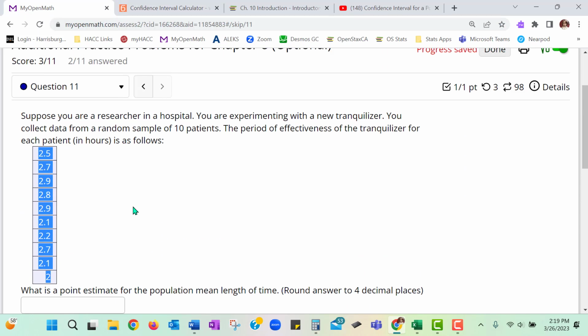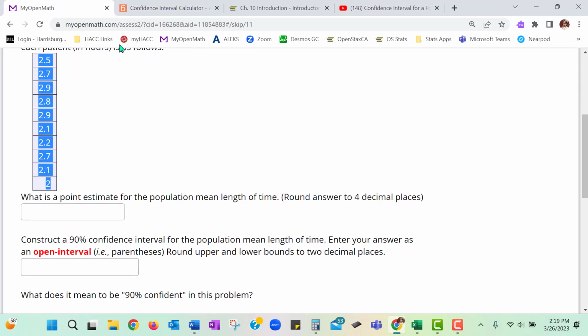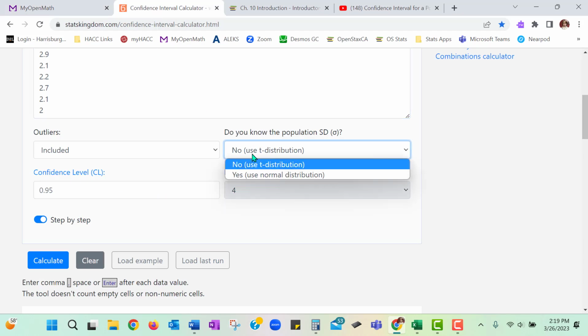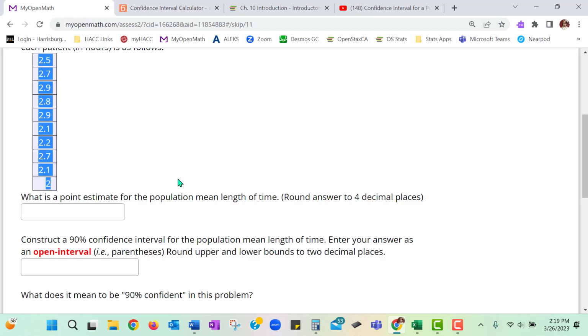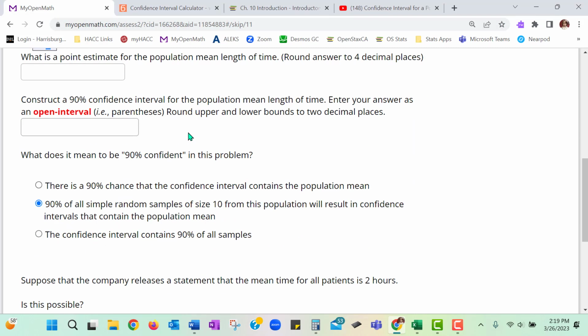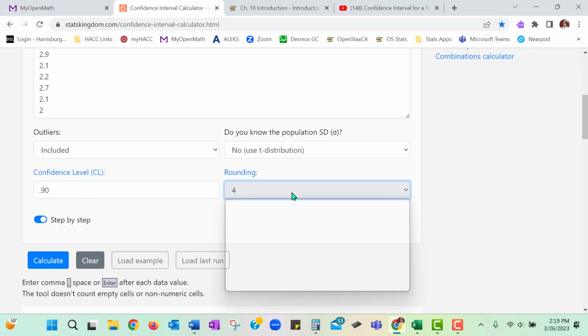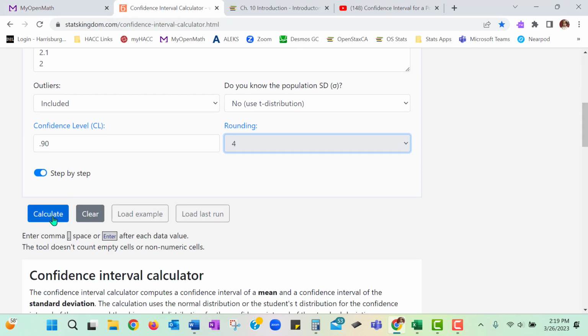They never gave that to us, so no, we don't know it. So we're going to leave this as is and use the t-distribution. And then our confidence level was 90%. And I think 4 decimal places ought to be okay to just leave. Calculate.